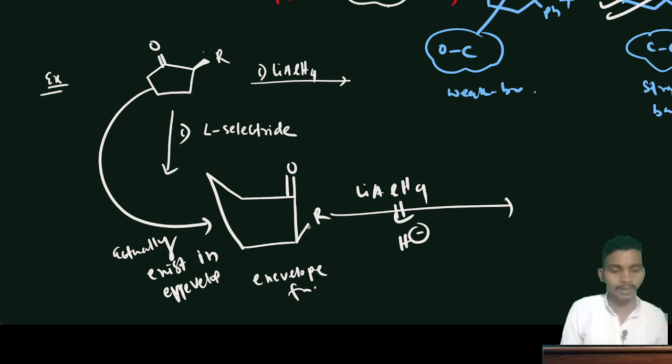So this is equatorial, and axial will be down, the same case as the chair form. Okay, so now this H minus will attack this. This always does 1,2 addition reactions, and this will attack either from above or from below. So this is the CH3, and this is like these groups.